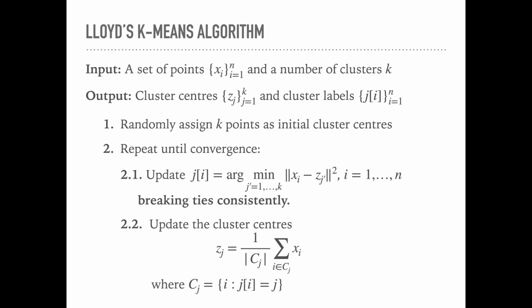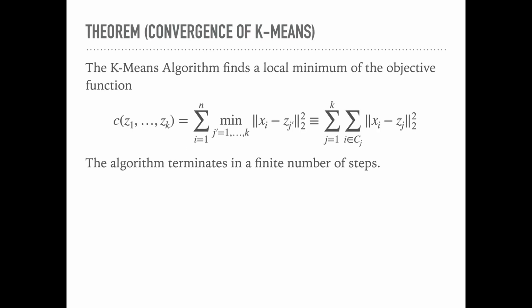The only thing that's weird here is 2.2. So we need to show that doing that step will never increase the objective function. And the second thing that we then need to show is that this actually terminates in a finite amount of time. So let's see if we can do this.